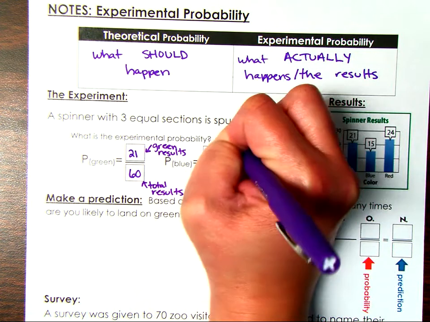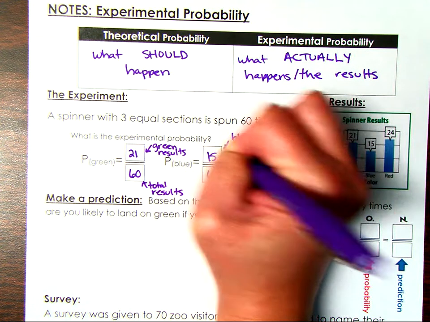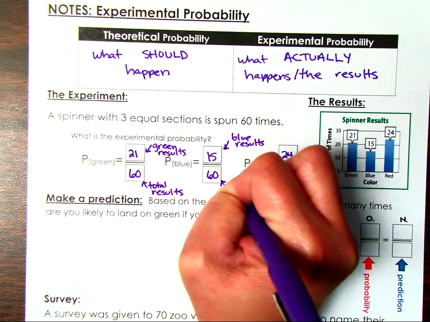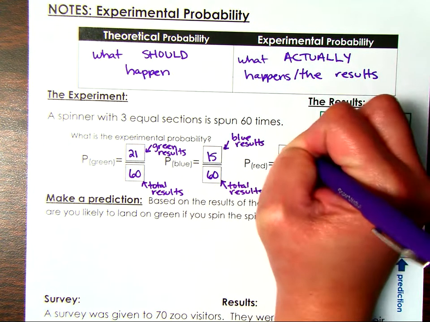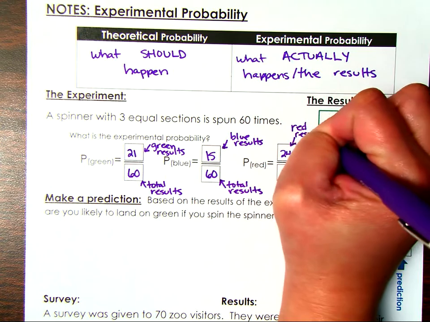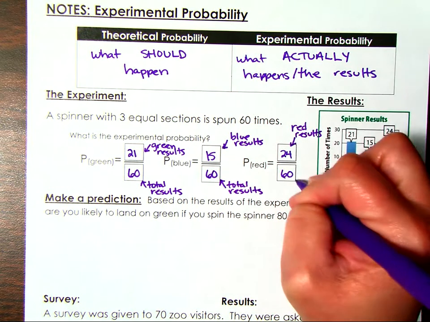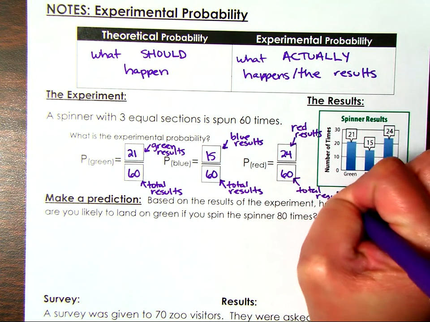This represents the blue results in my bar graph over there to the total results. Then the 24 represents the red results from that spinner out of the total results.